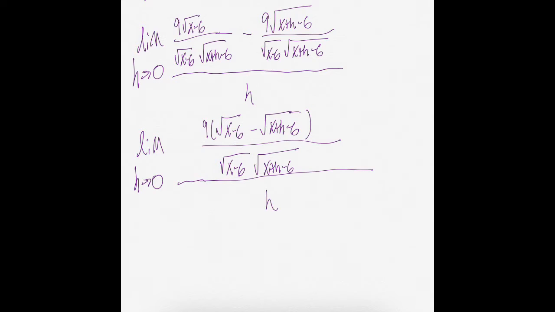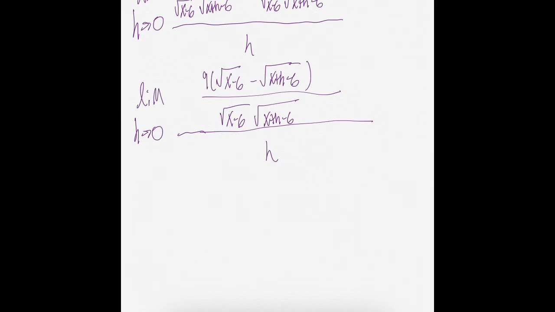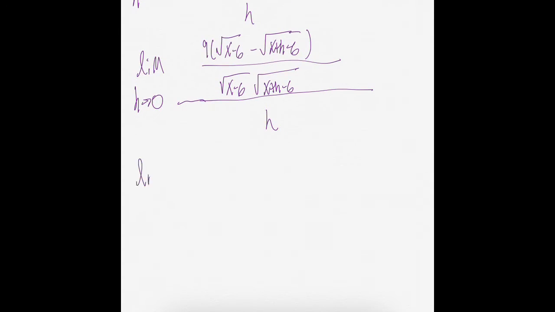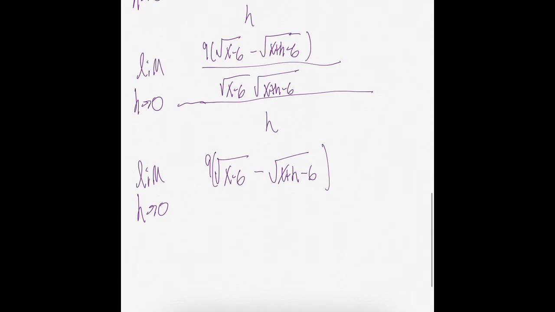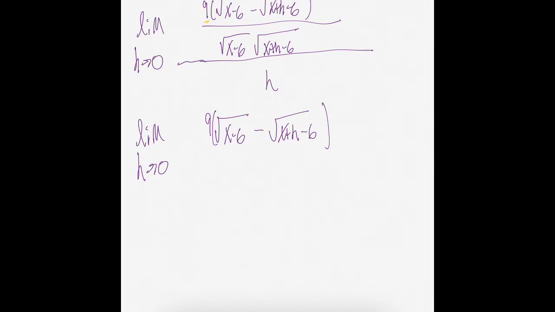And when I say the denominator, really what I mean is the denominator of the numerator, because we still have this h down in the main denominator. But I can bring the denominator of my numerator down into the actual denominator. 9 times root x minus 6 minus root x plus h minus 6. I factored out a 9 above. I didn't verbally say that, but as you can see, these both have a 9 in front, so I just factored that out.